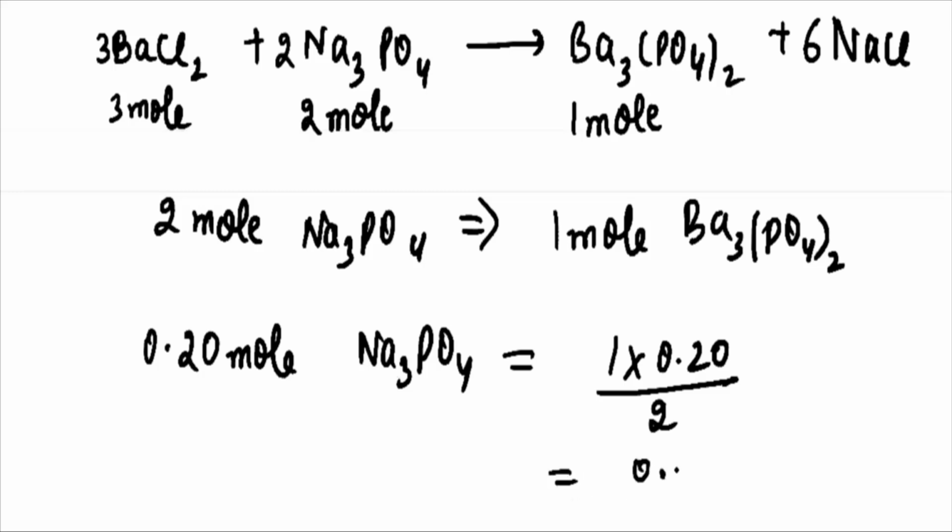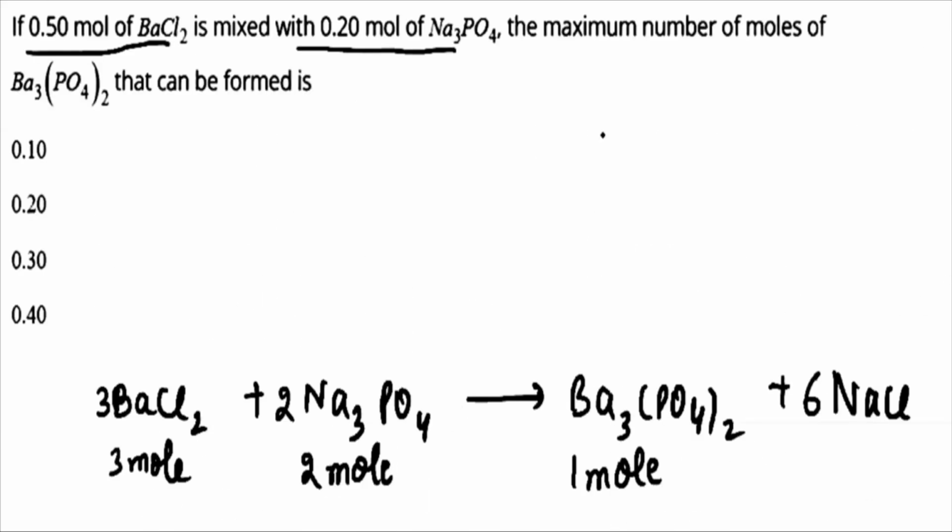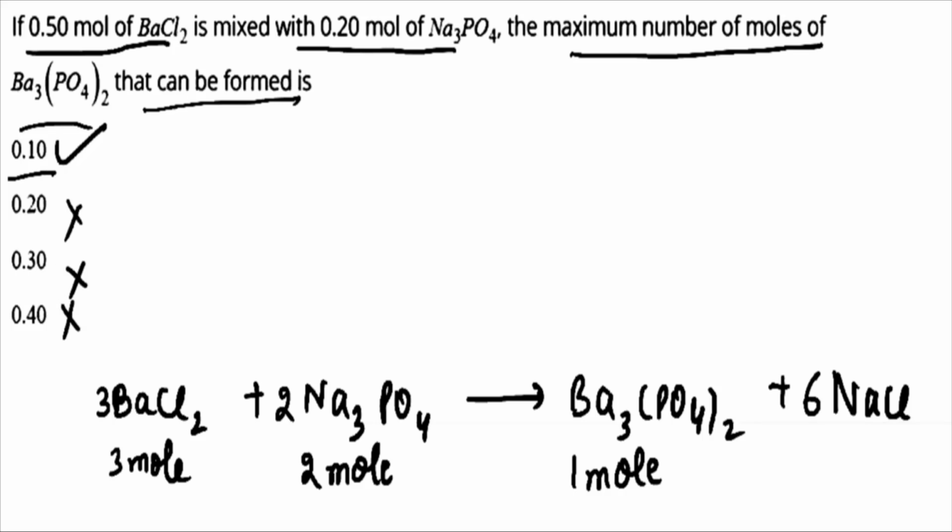On solving this, it is equal to 0.10 mole of Ba3(PO4)2. So the maximum number of moles of Ba3(PO4)2 that can be formed is 0.10. So option 1 is the correct answer to this question. Option 2 is not correct. Option 3 is not correct. Option 4 is not correct. So option 1 is the correct answer.